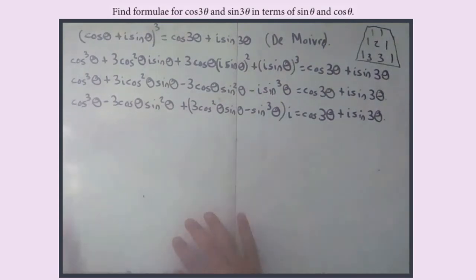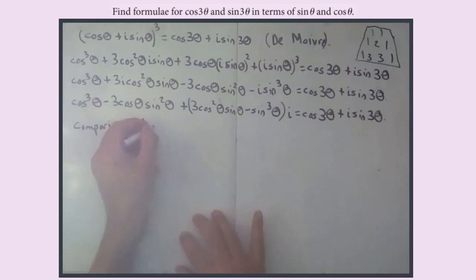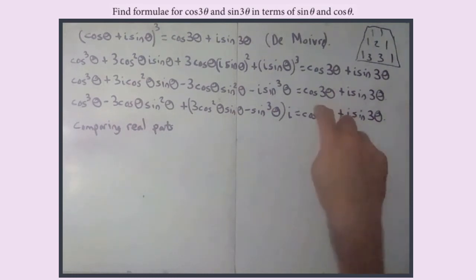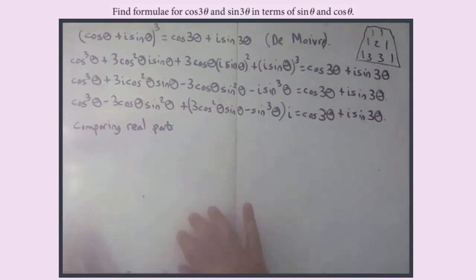We can compare the real parts. When I say compare, I mean on the left hand side of the equals sign and the right hand side of the equals sign. I'm going to write the right hand side first because the question asks us to find expressions for cos 3θ and sin 3θ. So cos 3θ is exactly what we want.